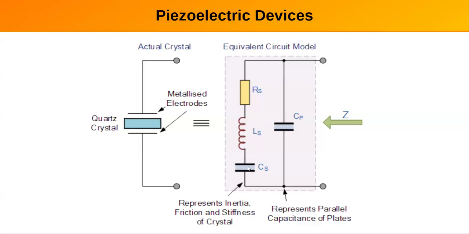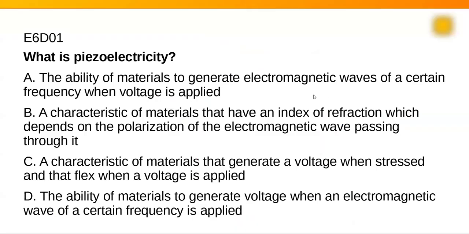The springiness part is the capacitance and the mass is the inductance. That's what crystal microphones and all that use.